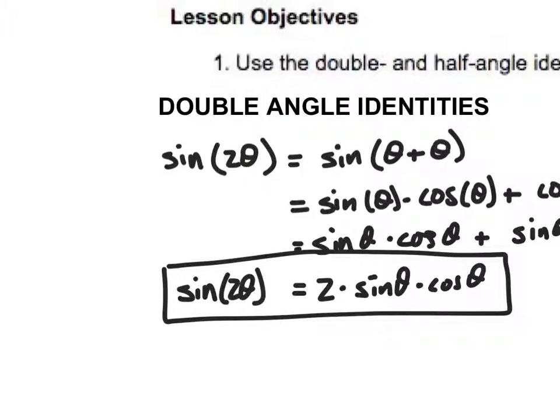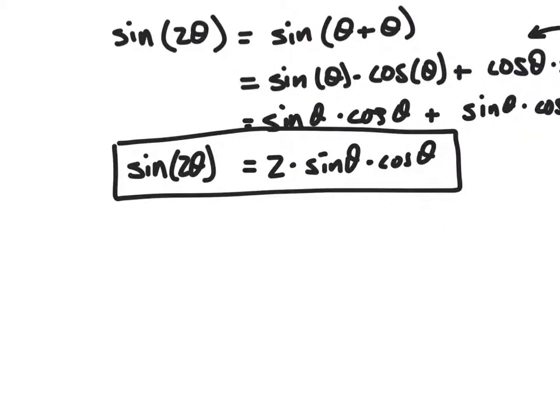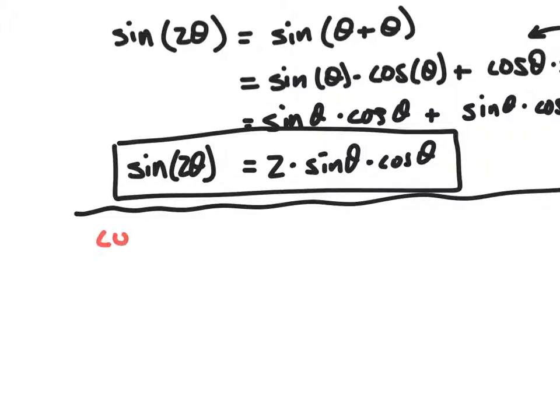The next one that we have is cosine of 2 theta. Now this one's going to get a little weird. We're going to have a bunch of these. I'm going to do cosine of 2 theta, and this is just going to be cosine of theta plus theta. So cosine, cosine, sine, sine.